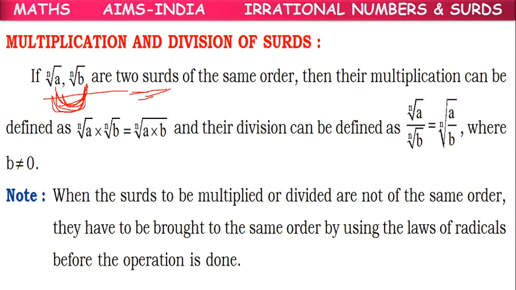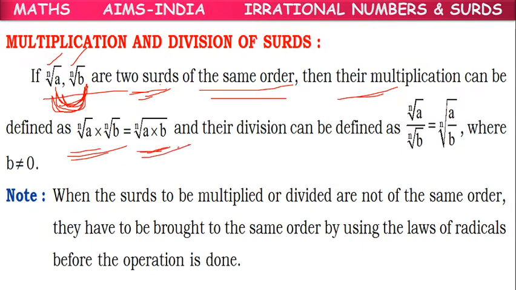They may be dissimilar surds, but division is possible, multiplication is possible. But here their order has to be the same. If they have the same order but are different surds, then their multiplication can be defined as nth root of A times nth root of B, written under a common root, nth root of A into B.